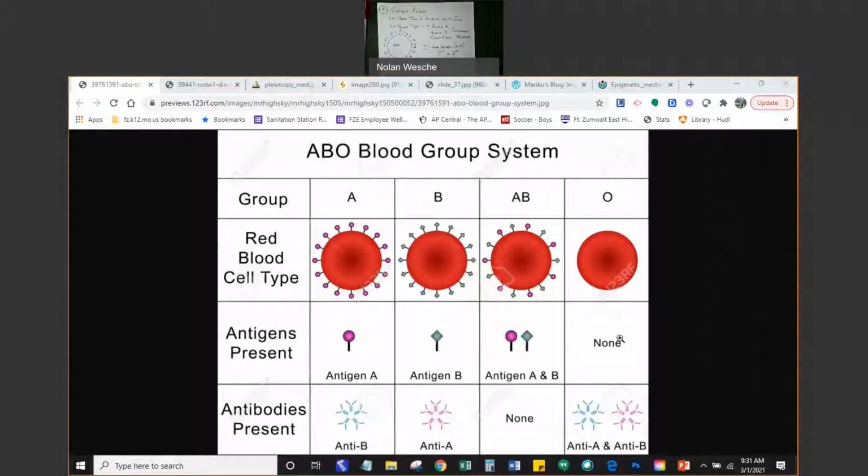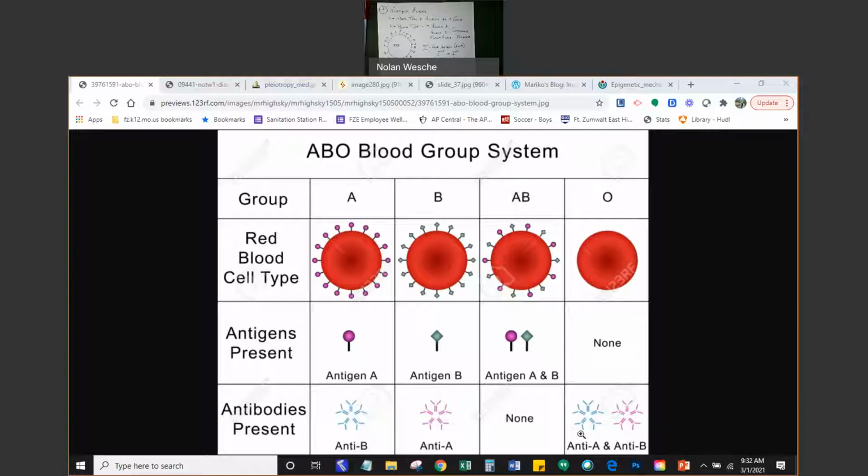There's something called antibodies. So if you have blood type A, your body is going to produce antibodies, defense mechanisms against blood type B as a protective measure. And conversely, if you have blood type B with B antigens, your body's going to produce antibodies, defense mechanisms against blood type A. So you would have anti-A antibodies.